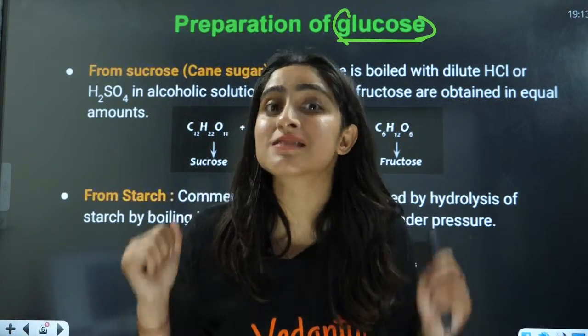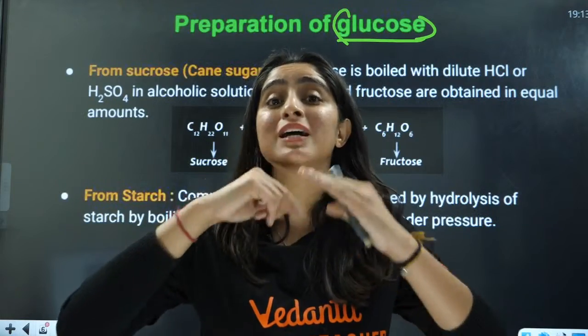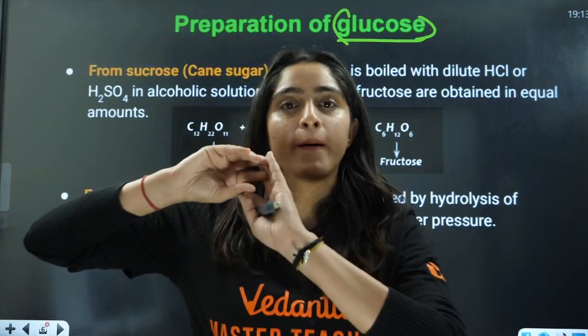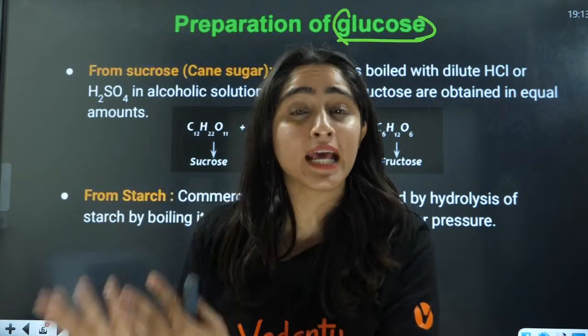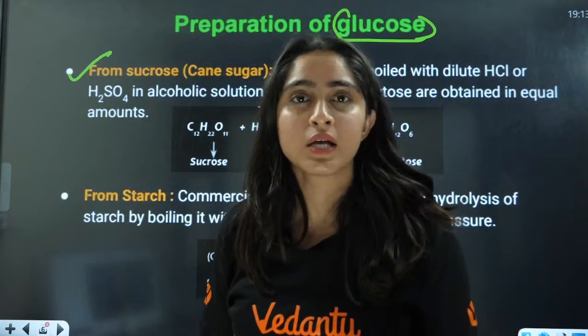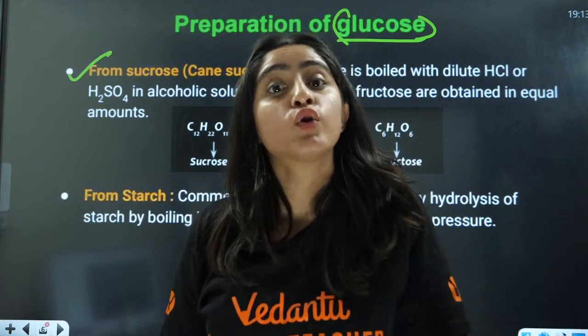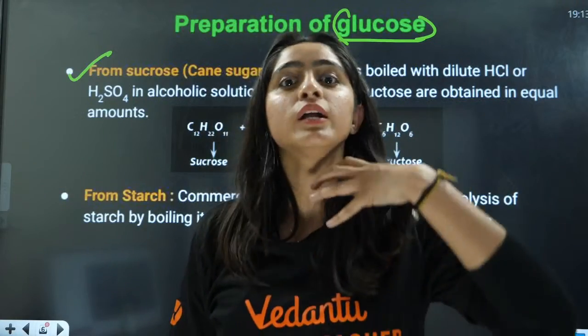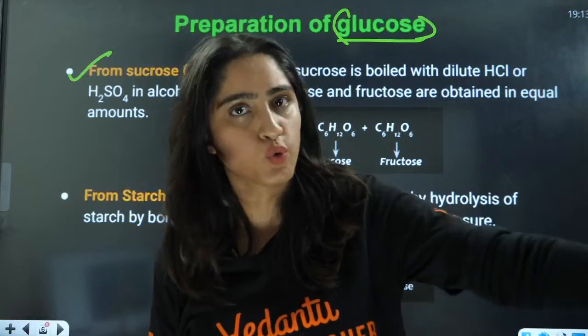But how was it discovered? What are the reactions that took place at that time that defined the structure of glucose? So let us see how we right now know the structure of glucose.